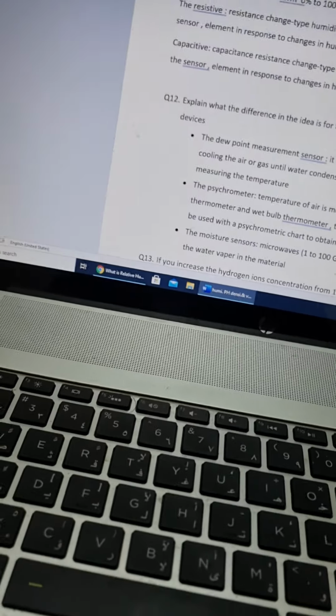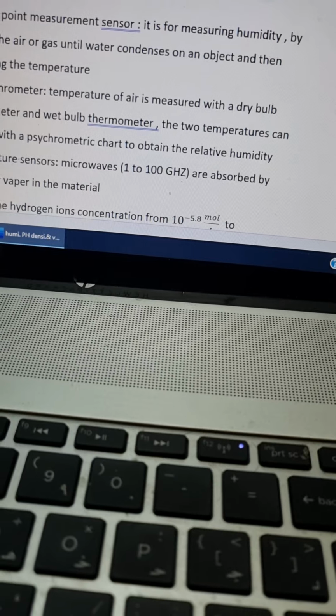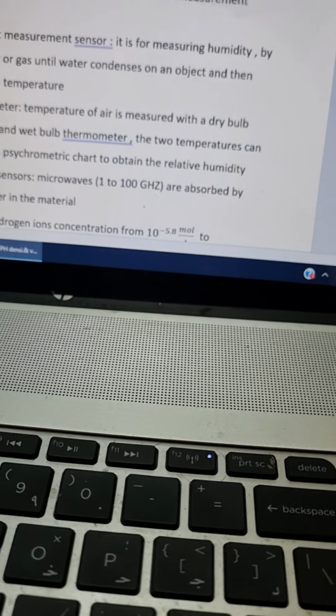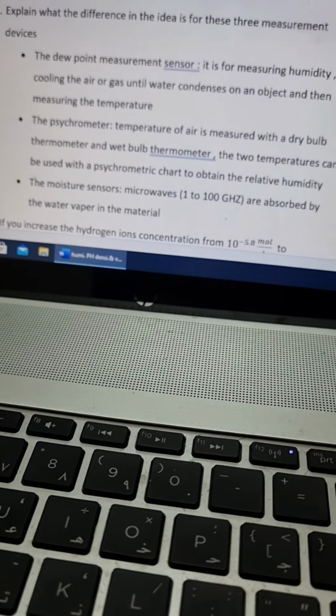A psychrometer: the temperature of the air is measured by a dry bulb thermometer and a wet bulb thermometer.